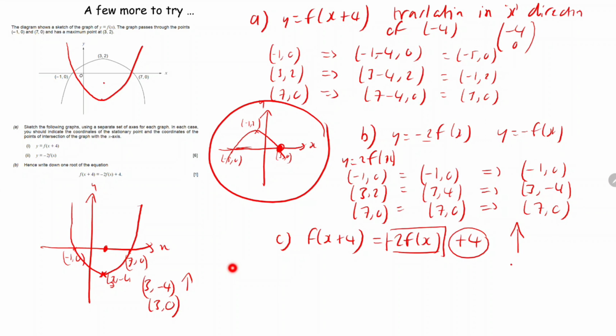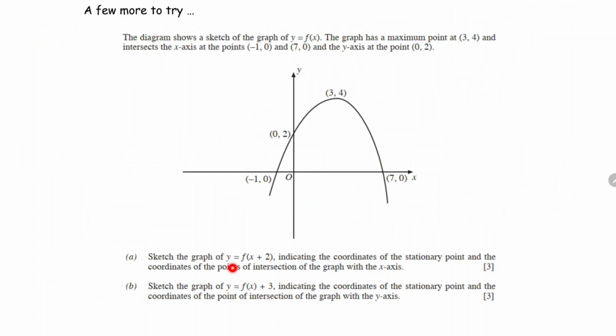So that graph would then cut that graph at that position. So that means that one of the roots will be at the point 3, 0. Okay, so imagine pushing that minimum point up. This graph will, if I was to draw a line here, be there. And if I push this up 4, they would cross at this point.